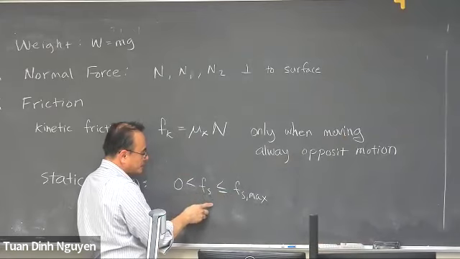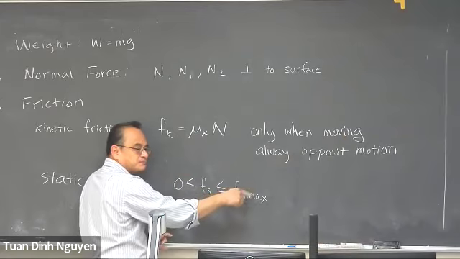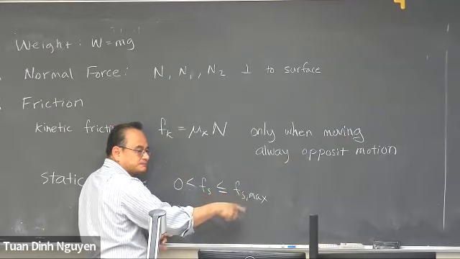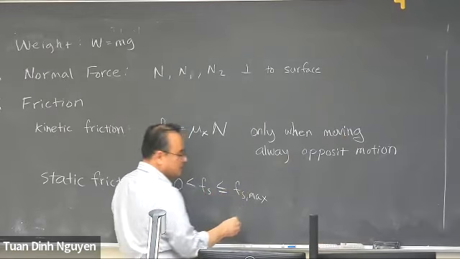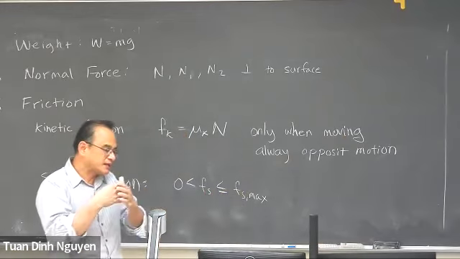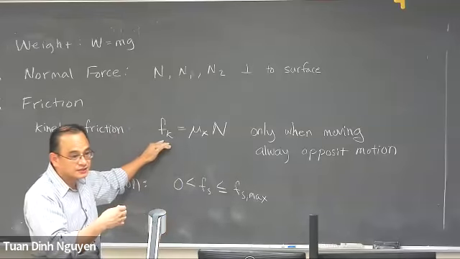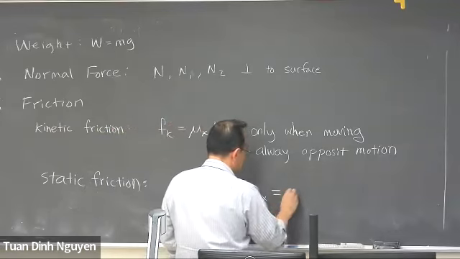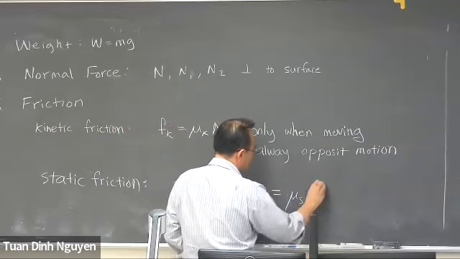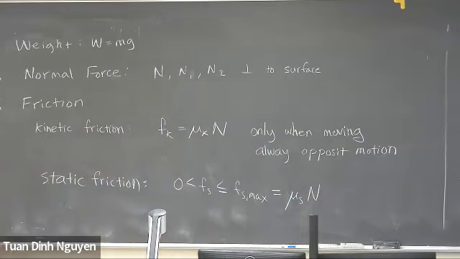Okay, so another common mistake is to immediately jump to calling it the maximum. It can be anything up until the maximum. After that, it turns into kinetic friction. And Fs max is equal to mu s times N, right? And how do you know which way to draw it? Whatever opposes what's pushing it.